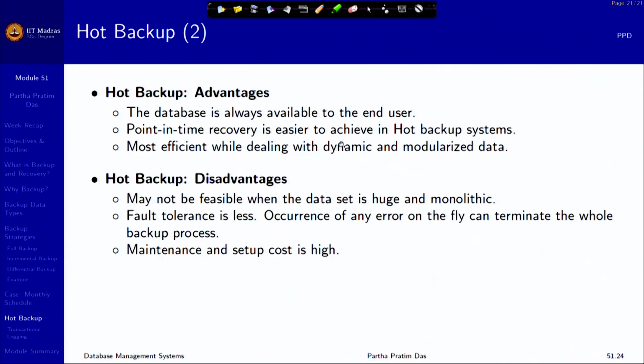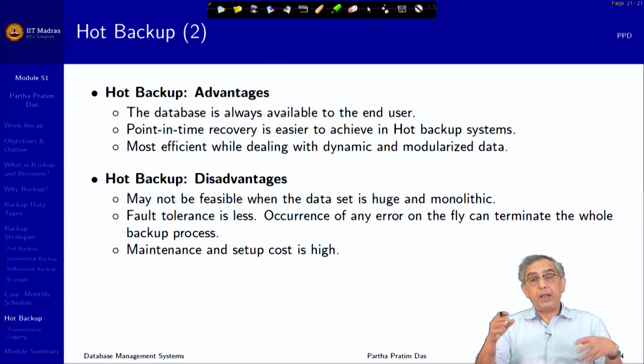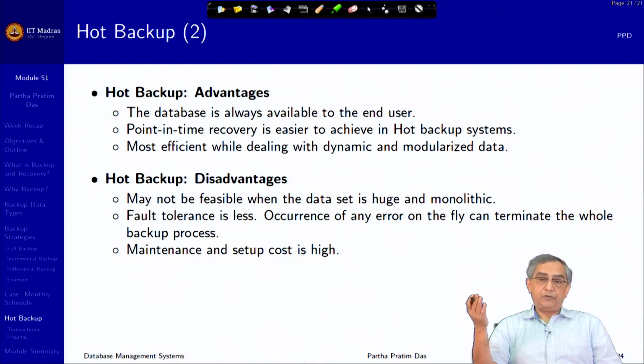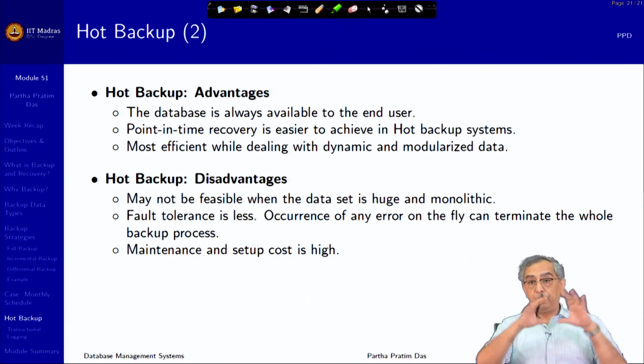So, hot backups are mechanisms by which the database always remains available to the end user, and the point in time recovery is easier in this system, and certainly it is most efficient when you deal with dynamic and modularized data. Right? Disadvantages of course are there. It may not be feasible when the data set is huge or monolithic.